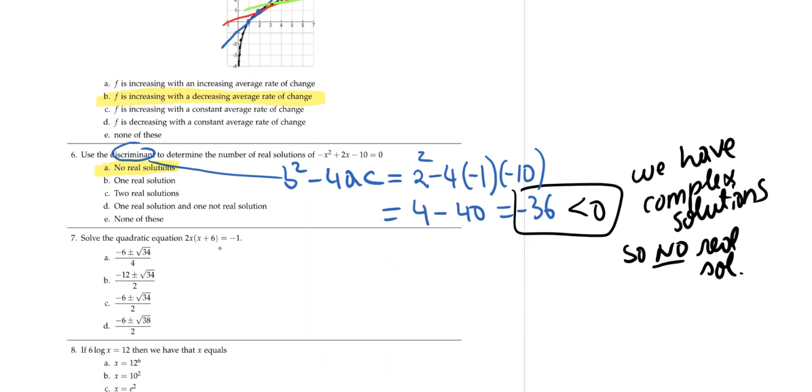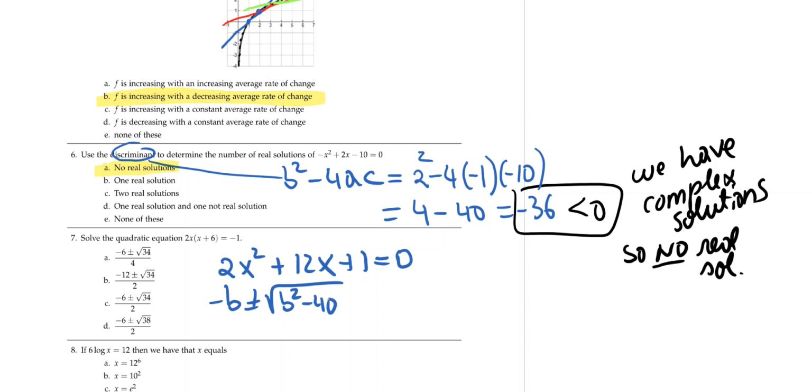Solve the quadratic equation. You have to recognize that you have to work on it a little bit. So we're going to distribute the 2x. So this is going to be 2x squared plus 12x, and then add the 1 and equals 0. And now you can either factor it or, well, you can't really factor it. So you get a hint in here that they're not rationals. So we're going to use the quadratic formula. So it's going to be -b plus or minus the square root of b squared minus 4ac, over 2a.